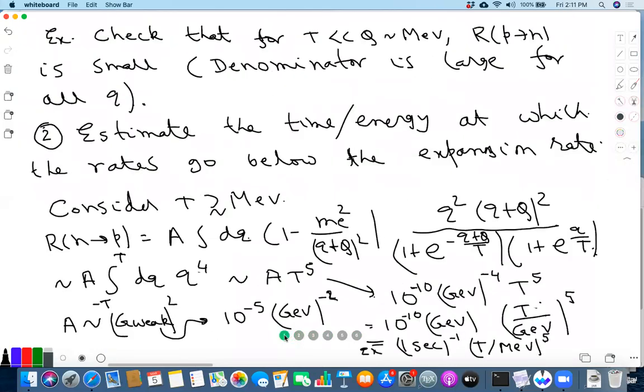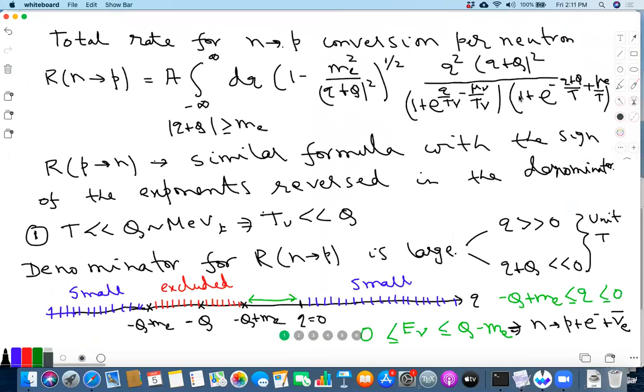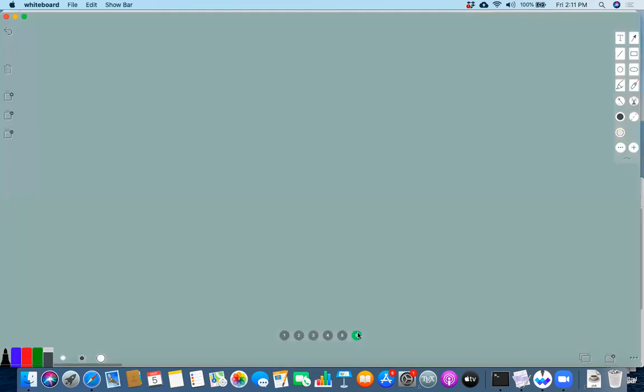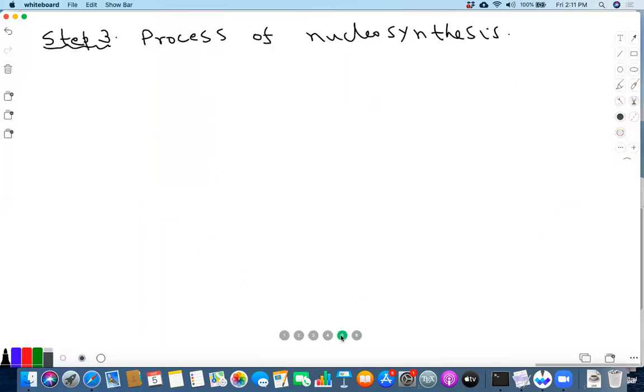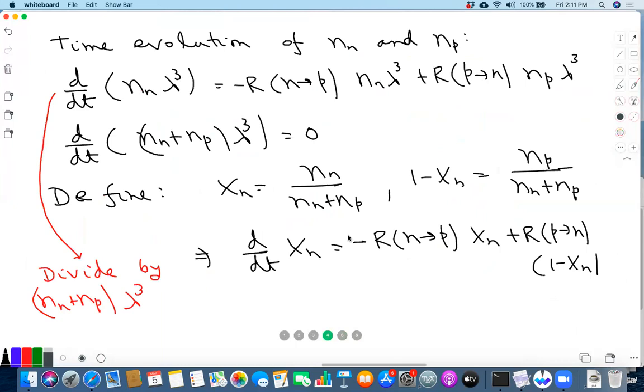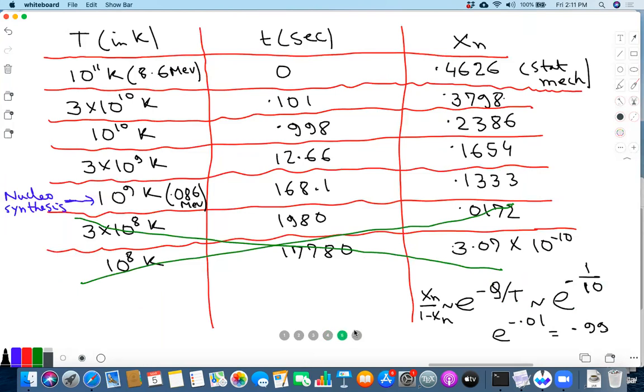So you need to know how T nu and T change as a function of time to calculate R at a given time and put that in the differential equation to find the actual time evolution of Xn. So this table is not independent of the previous table.